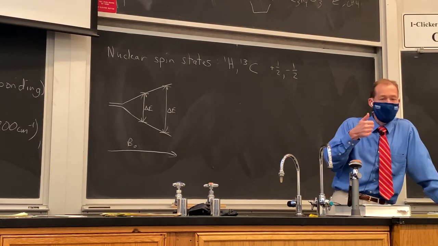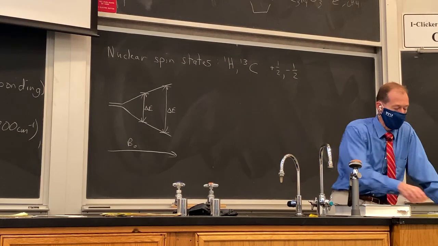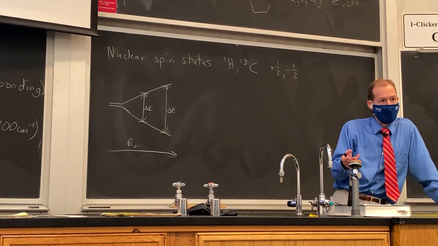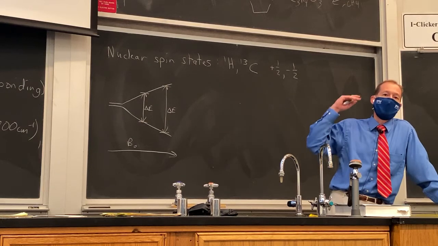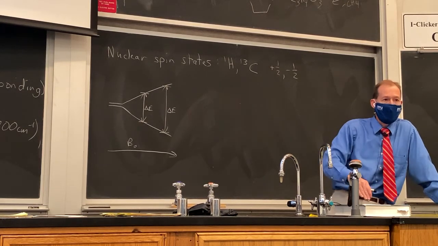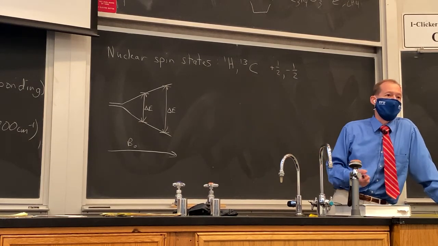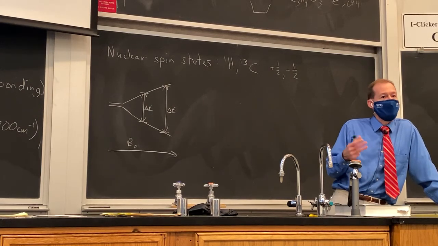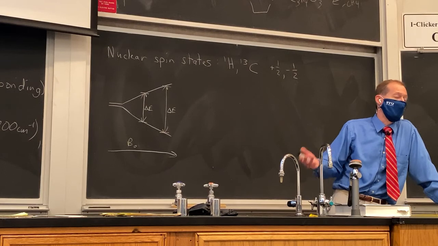Their spins will flip, meaning that they'll go to the higher energy state. Okay? After you stop the pulse of radio frequency energy, the high energy spins will relax to the lower energy spin state. As they do so, energy is given off, and that is what is detected by the NMR spectrometer.